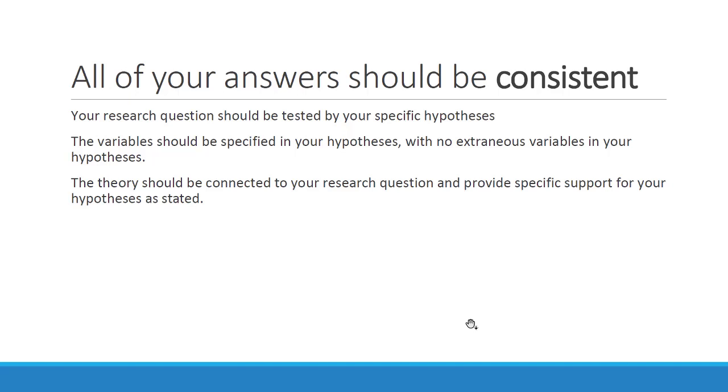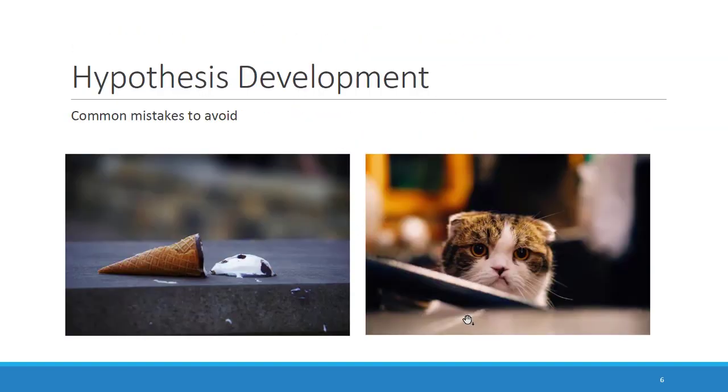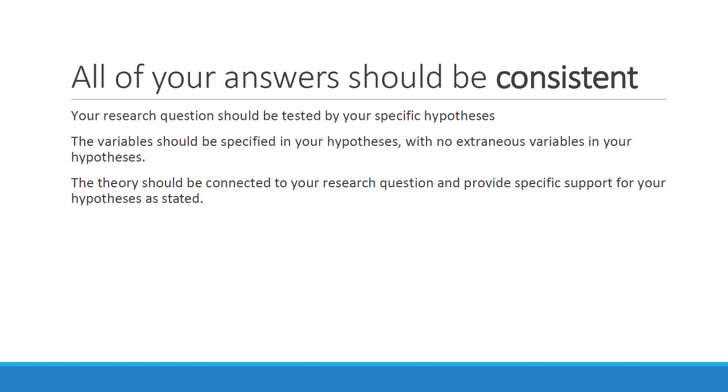You should have explained specifically what your research question is, talked about your theory that lines up with the variables that you're proposing. The theory should be connected to your research question, and it should provide support specifically for your hypotheses as they are stated. So everything needs to flow together like it does in the example that I gave you in our last video. So go ahead and review that example in the last video if you can't remember it.